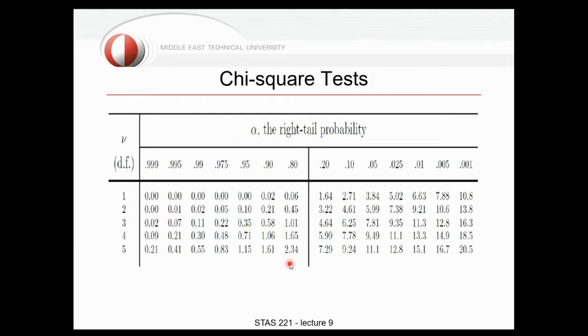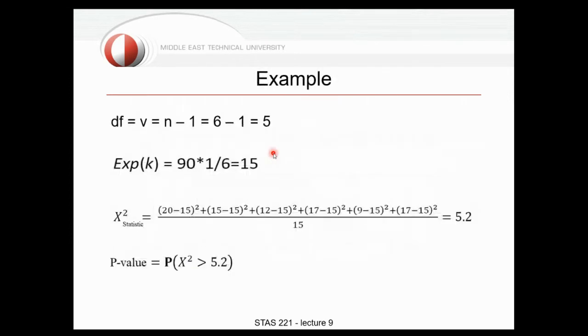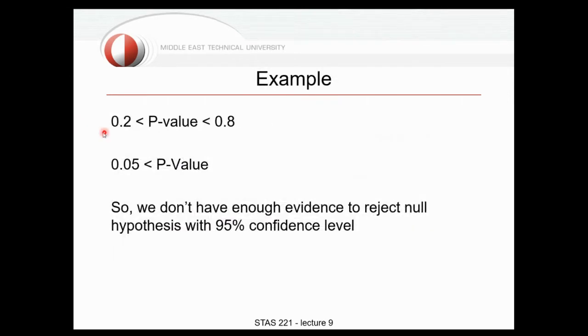I see it is between these two, so between 20% and 80%. You may say you want to approximate it and get an average. I'm fine with it, but let's see why we should wait a little. Maybe we don't even need to do that. Okay, so the p-value is between 20% and 80%.